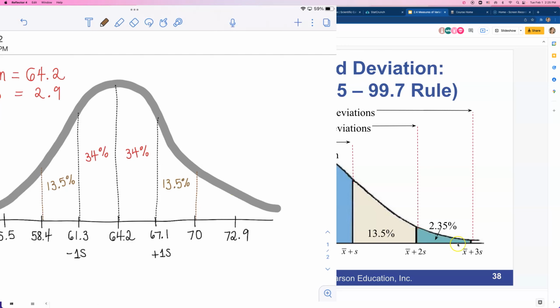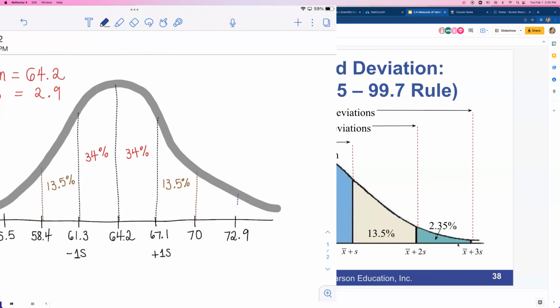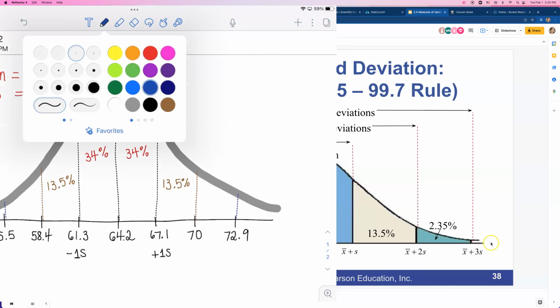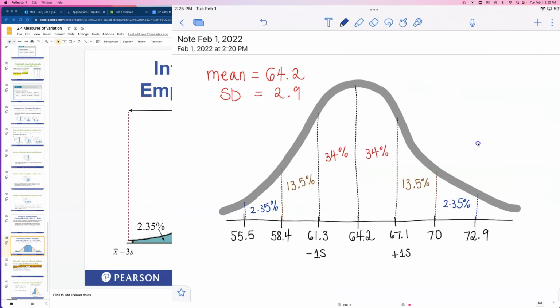And how about to the right of it? I won't say I'm cheating, I'm just being resourceful, using these numbers. This one right there is 2.35%, and this is 2.35%.